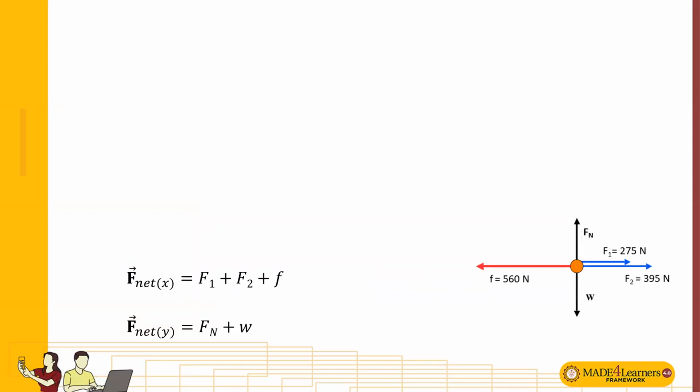So when we write the forces along the x-axis, we get the sum, just like in lesson number 1. So the x components of all the vector quantities in that particular problem, you get the summation.